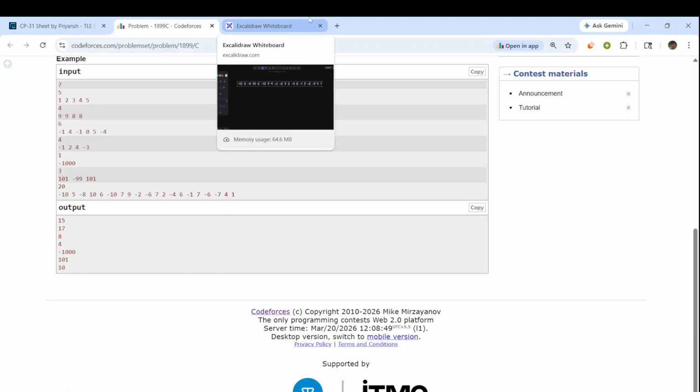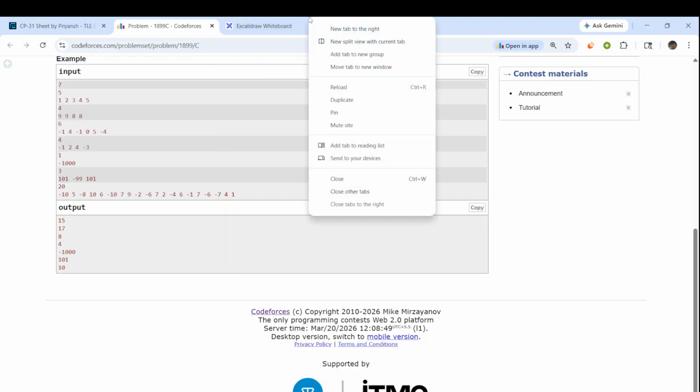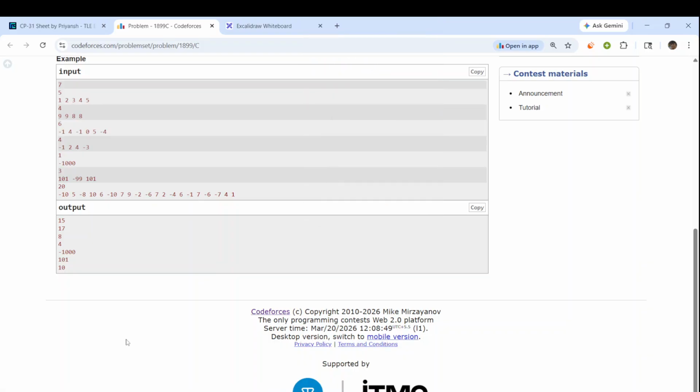Okay. Now the question is, how do we solve it? What approach? If I try to check for parities, it will take n time, and inside that n, I have to run another loop for checking the sum.